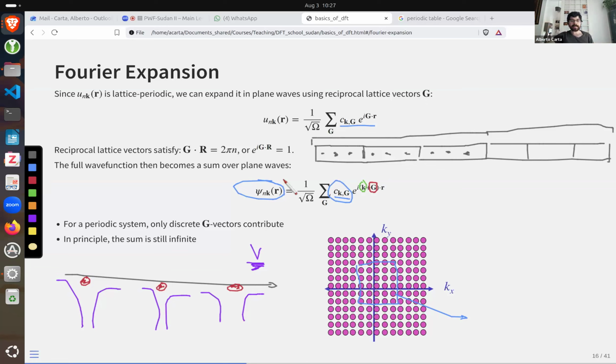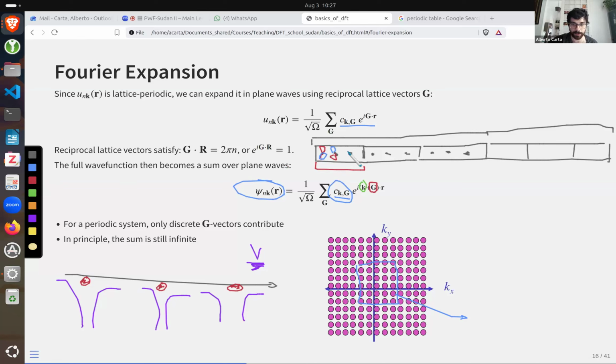Generally, these G vectors describe everything that happens within one unit cell. Any pattern that happens, for example, if you have p states in the system, these G vectors will describe the shape of the p states that can happen in it.